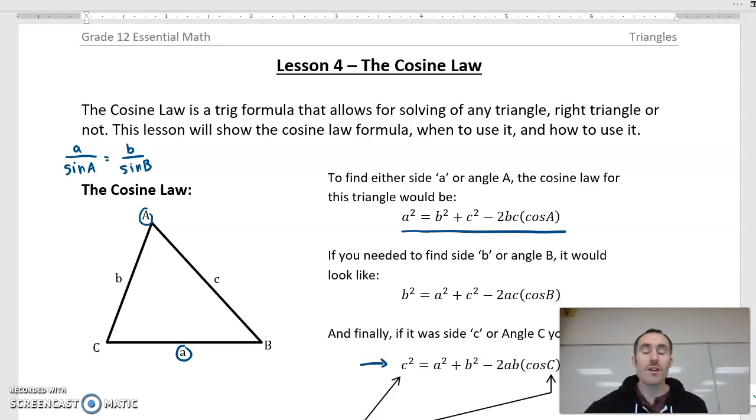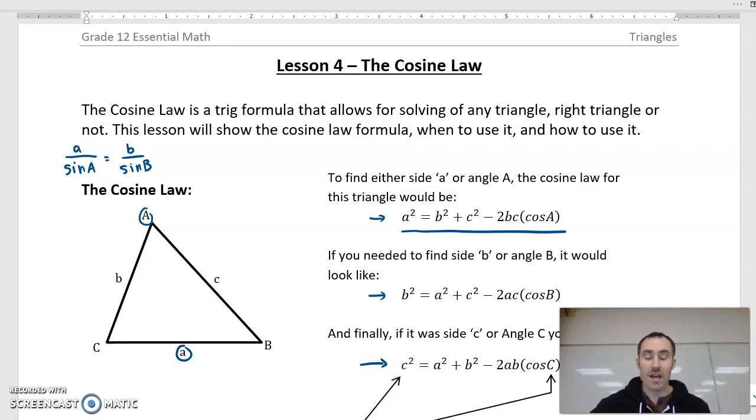So really, I would recommend, if it were me, I would use just one version of the cosine law. Notice that we've given you 3 versions of it depending on which letters you're using. I would use just one version of it and rename the letters in my triangle accordingly. Okay, so personally, I would use this last one over here. C squared equals A squared plus B squared minus 2AB cosine C, but you can use whichever version you want.